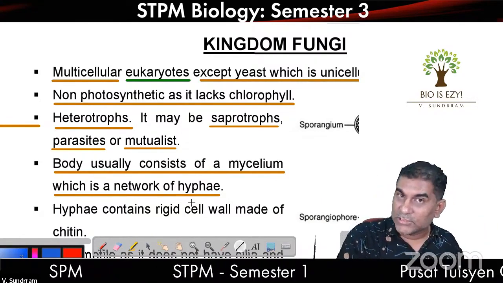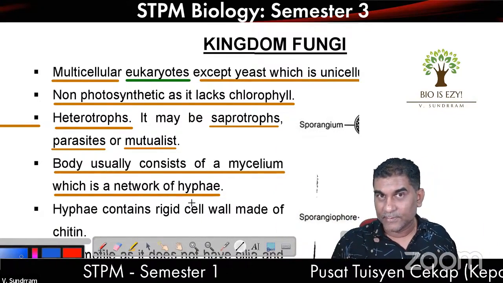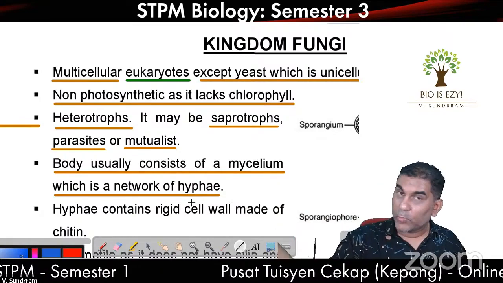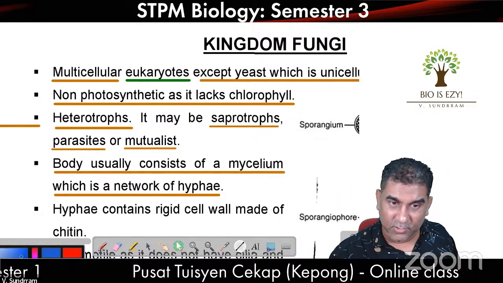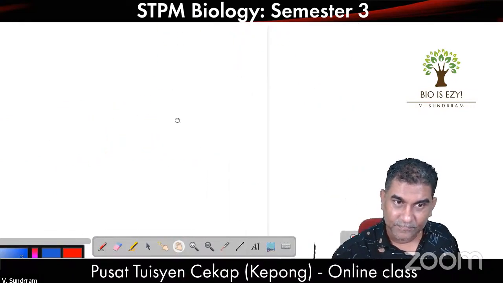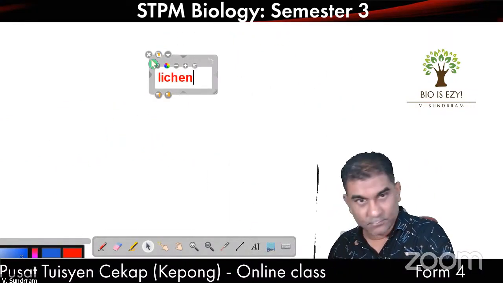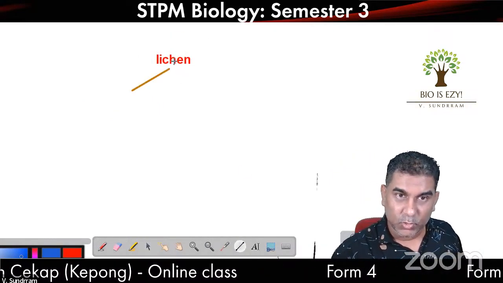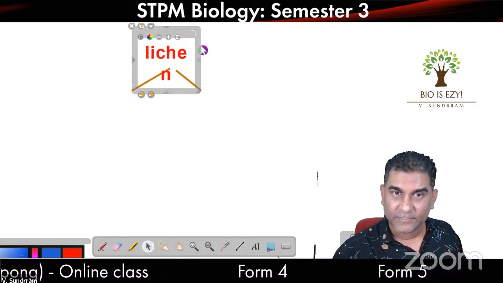Alga do photosynthesis, give organic substance to fungi. Fungi protect the alga, provide mineral ions and water to alga. That is something called lichen. So lichen is mutualism. Two organisms working together, both get benefit.